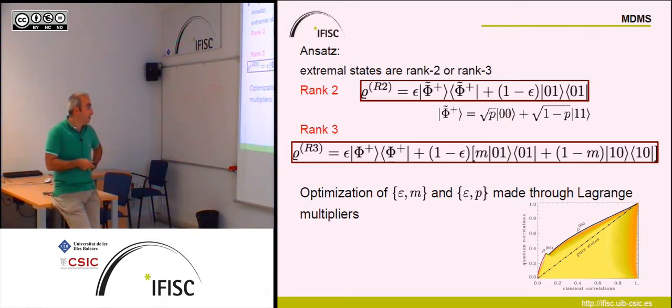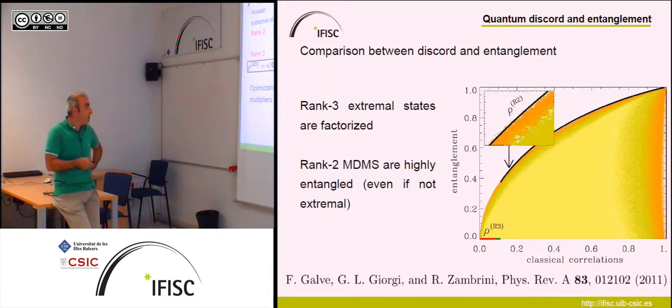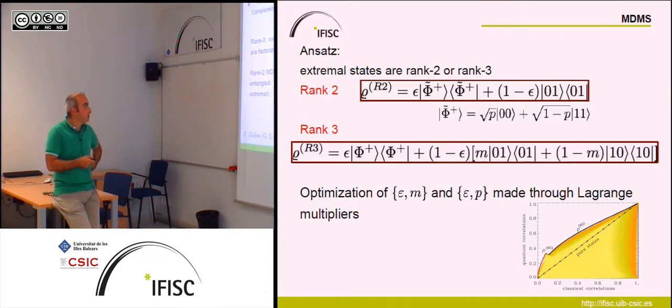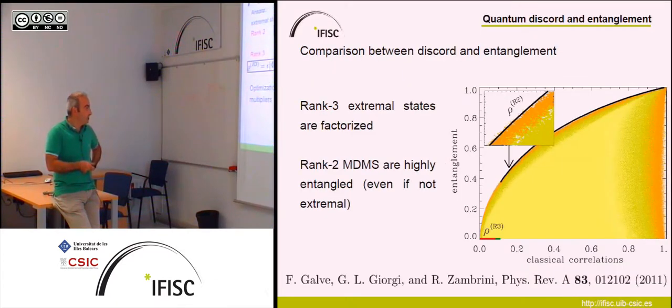One of them is rank 2, 2 of them are rank 3, and then we put these extreme branches, these 3 red, green, and black branches, in the same plot where here we have entanglement instead of discord. For all the 10 to the 8 states, we plot entanglement against classical correlations.